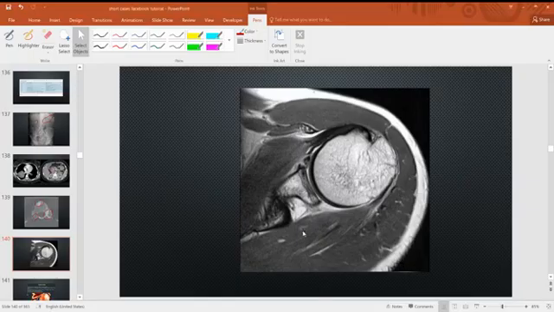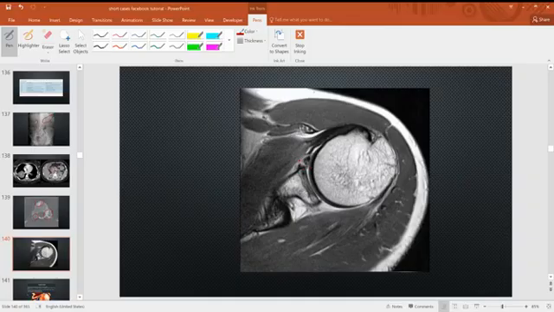Okay, as we see here in this axial slice, we have the labrum here, a completely detached labrum, but the bony Bankart here is still intact anteriorly, and you have the complete labral tear.